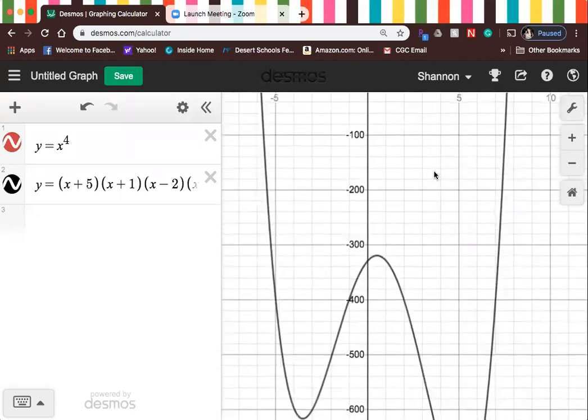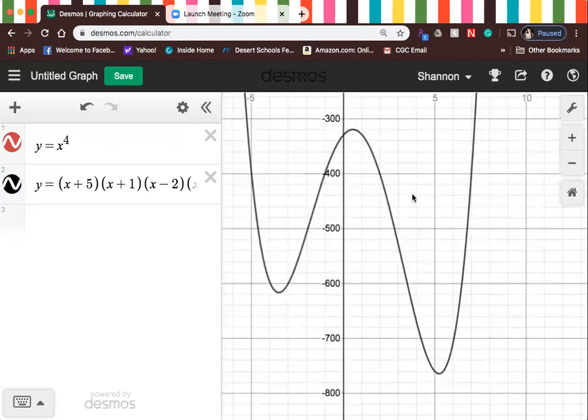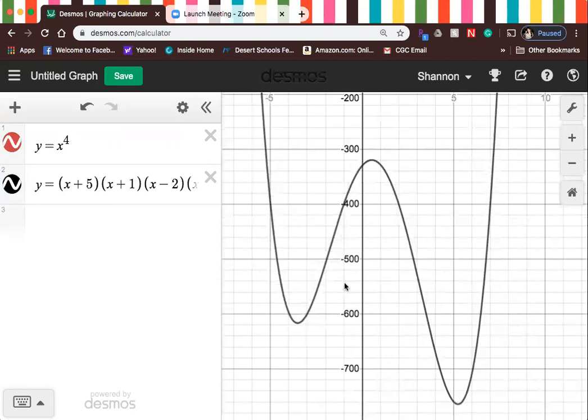But what it's capable of, you've got concave up, then concave down, and then concave up again. So potentially it has 3 concavities, up, then down, then up. That's 3. So this gives you a sense of what a 4th power graph is capable of.